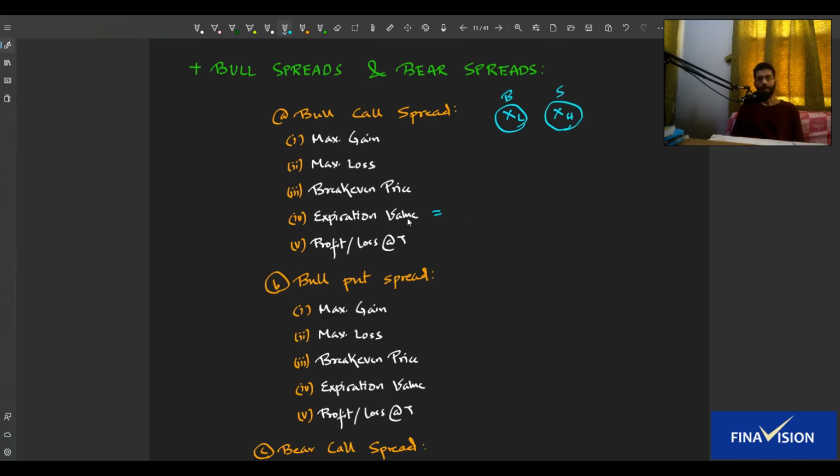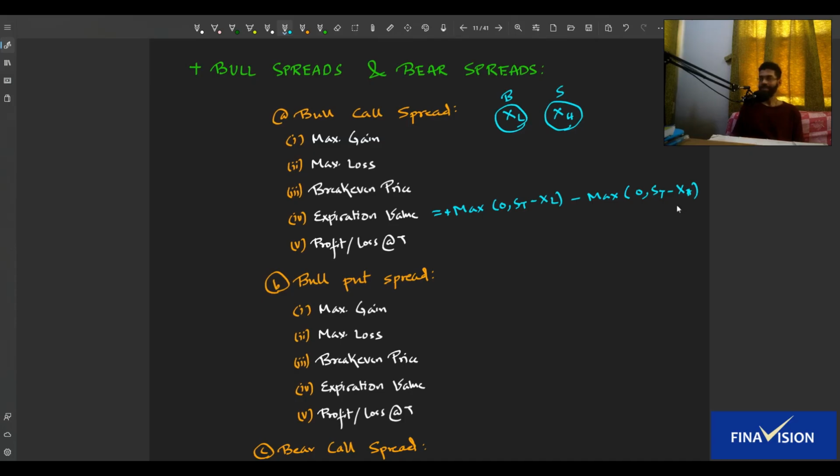Therefore, the expiration value is plus max of 0, ST, which is the spot price at expiry, minus XL, minus max of 0, ST minus XH. Because the second one, the higher strike price one, we have sold.